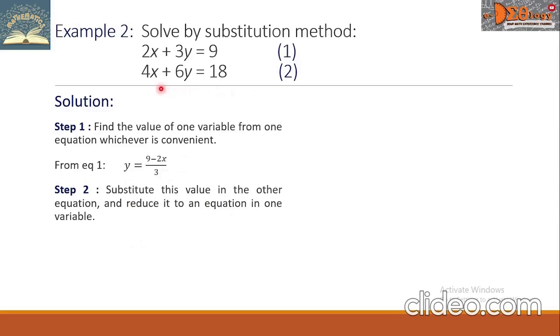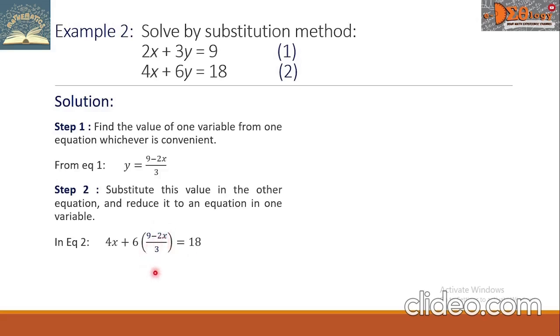So equation 2 is 4x plus 6y equals 18. The value of y here we will change in here. So equation 2 becomes 4x plus 6y, and 6y is now changed into 9 minus 2x all over 3, then equals 18.